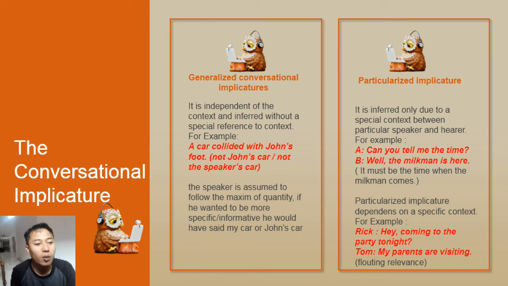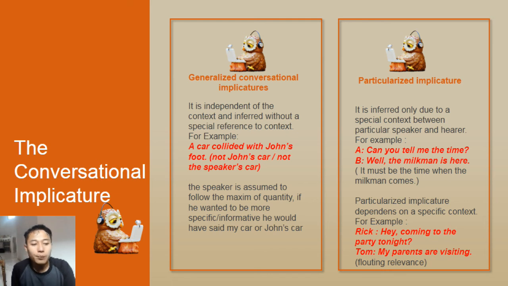And the next is particularized implicature. It is inferred only due to a special context between a particular speaker and hearer. For example, speaker A says, can you tell me the time? Speaker B answers, well, the milkman is here.